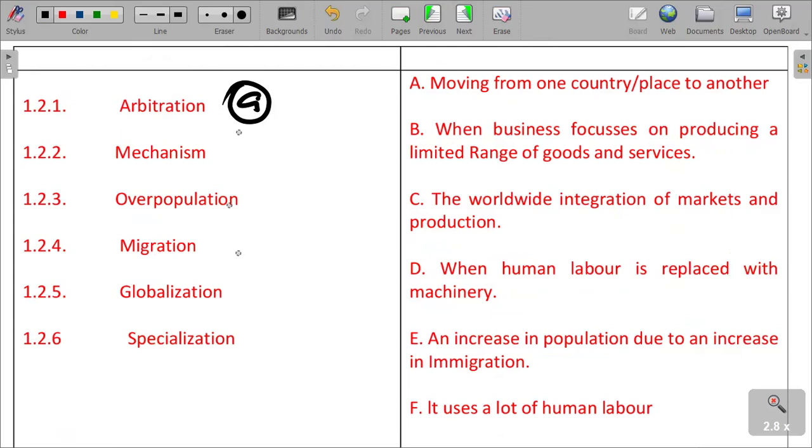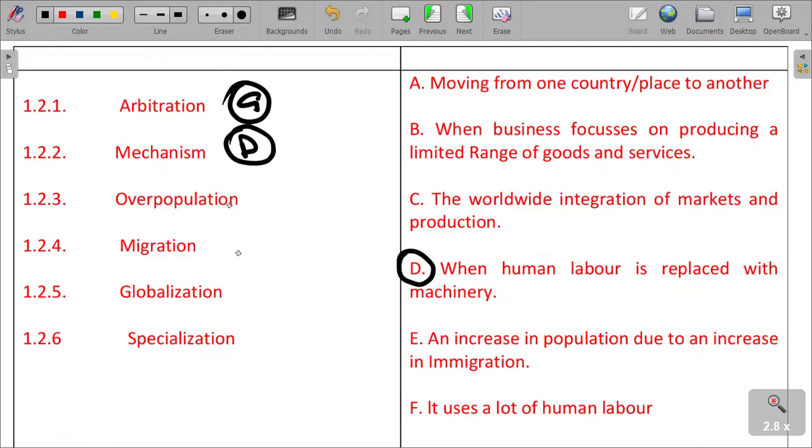Mechanism can mean the replacement of human labor with machinery, which is mechanization. That is what we are talking about. Mechanization is when machinery is used in place of manual labor, which is humans.